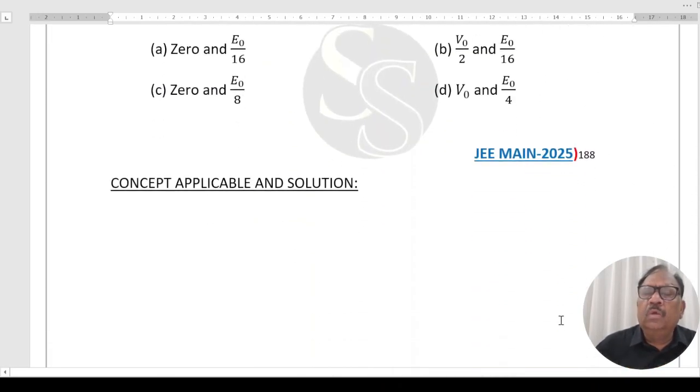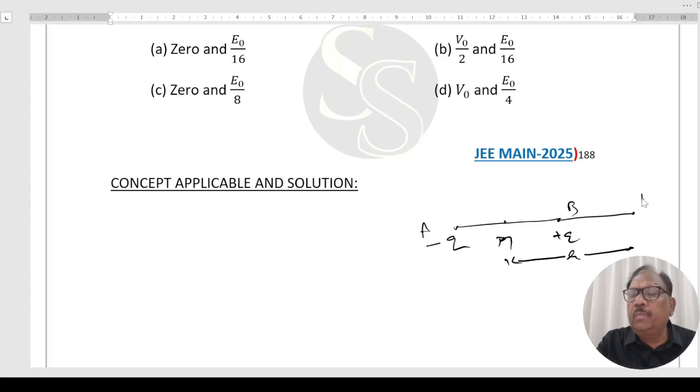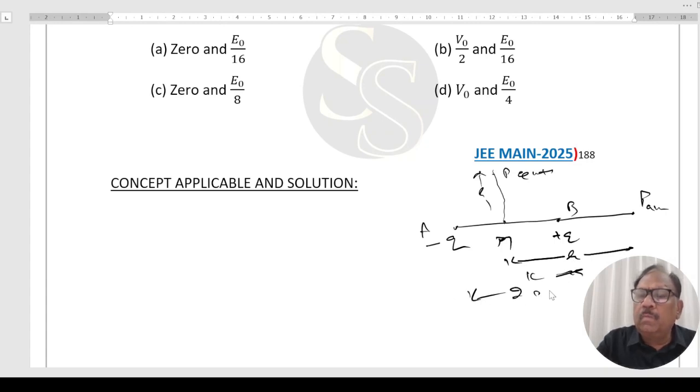Now, you know, if this is the dipole, short dipole, minus Q, plus Q, this is point A, this is point B, this is the midpoint, this is point P here. Let us take this distance as R and this other distance as 2R, right?